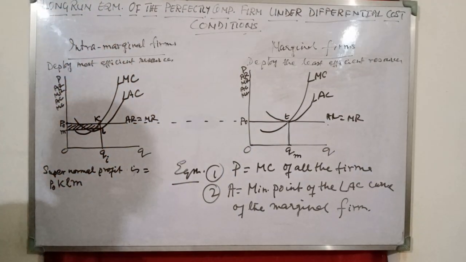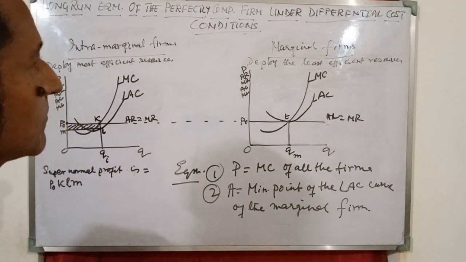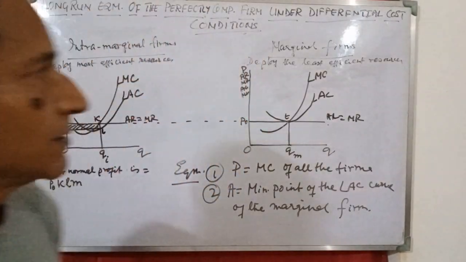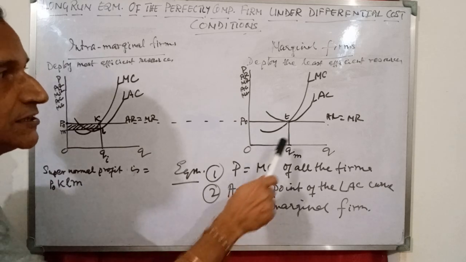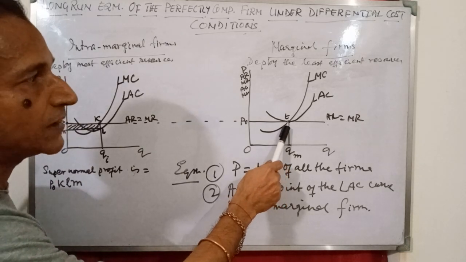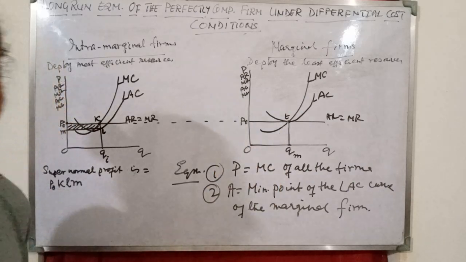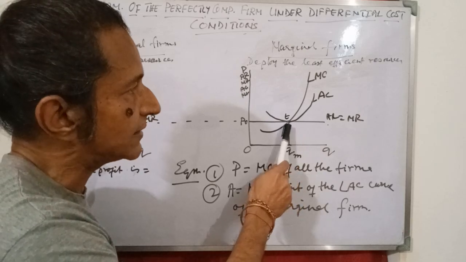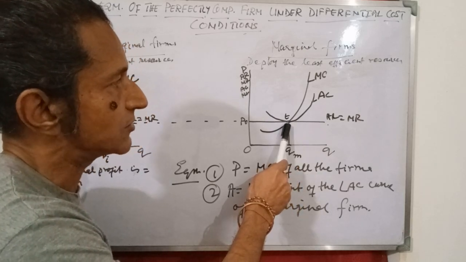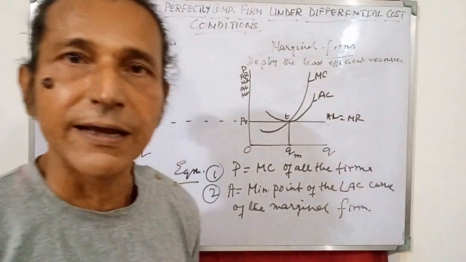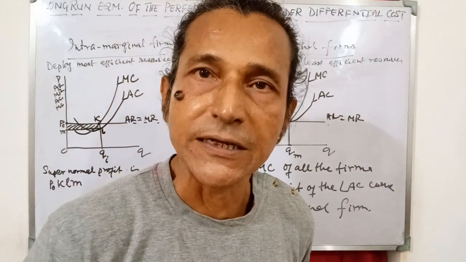Now, one thing you must appreciate, that the marginal firm is actually operating with optimum plant capacity. Why? Because the marginal firm is operating at the minimum point of the long run average cost curve, whereas the intra-marginal firms are operating at more than optimum size.